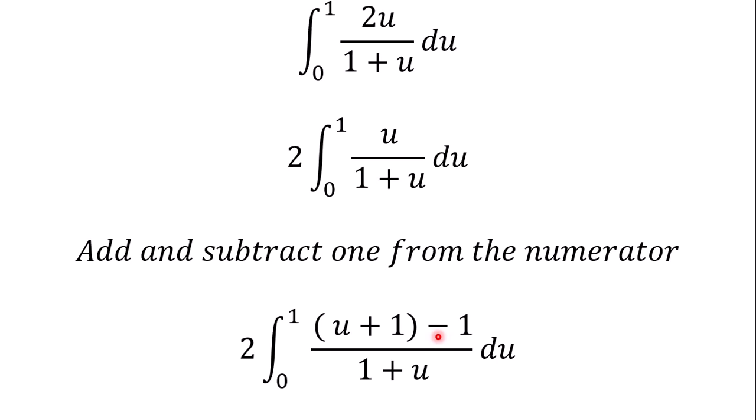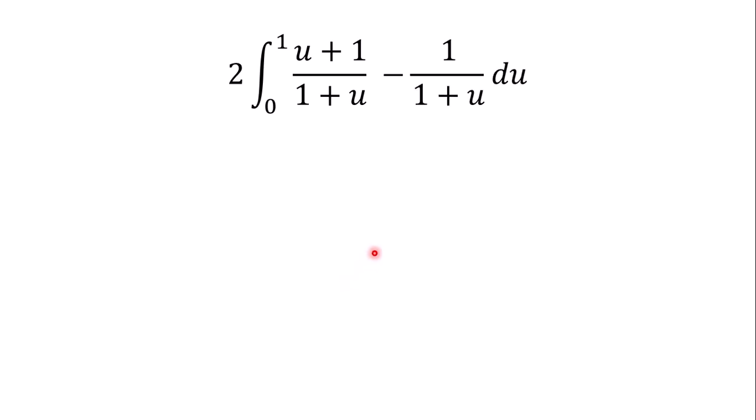Okay, so here is going to be u plus 1 over 1 plus u minus 1 over 1 plus u. Good. Now, when we simplify this one, it's just going to be the same thing as u plus 1 minus 1 all over 1 plus u. We are just having all the same denominator here.